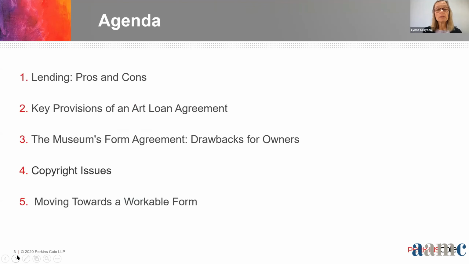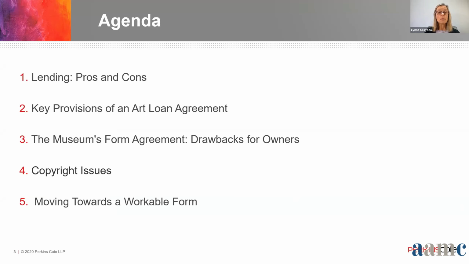Colleen and I both represent art collectors and have worked on many transactions involving the acquisition, sale, lending, and gifting of artwork. We're speaking with you today from a collector's perspective, and our presentation will cover the following topics: the pros and cons of lending from the lender's perspective, the key provisions of an art loan agreement, the museum form, and the drawbacks of the typical museum form for lenders.